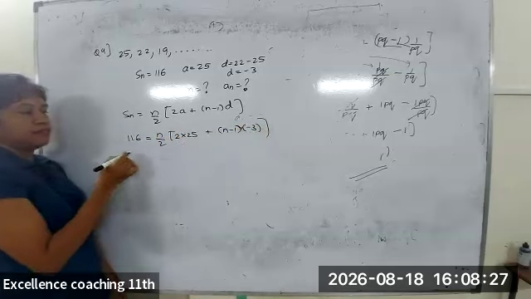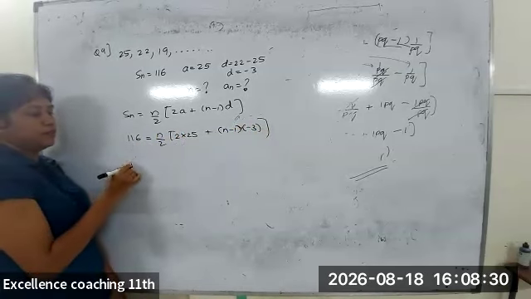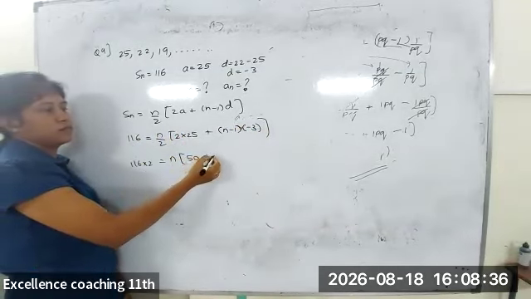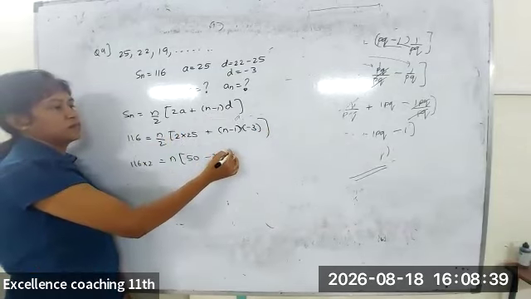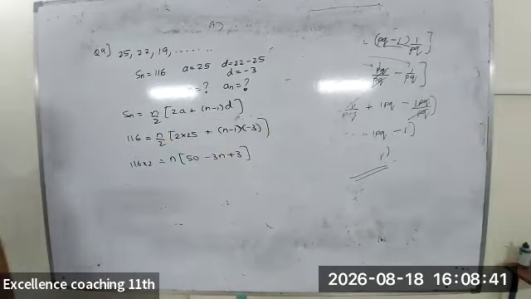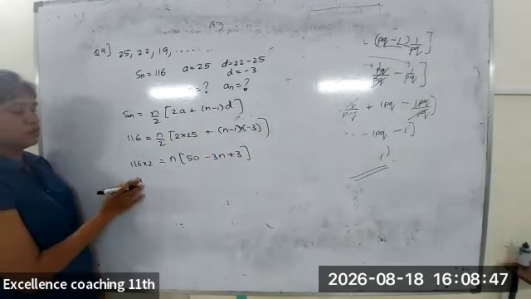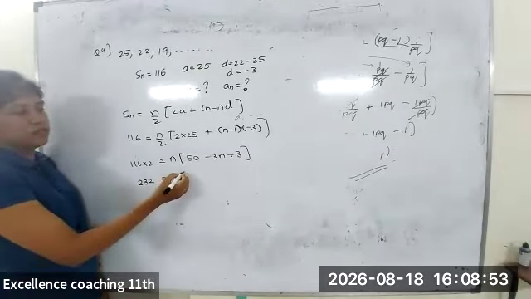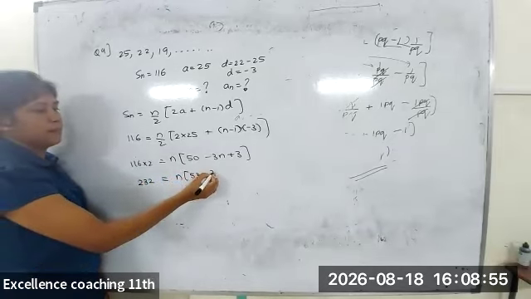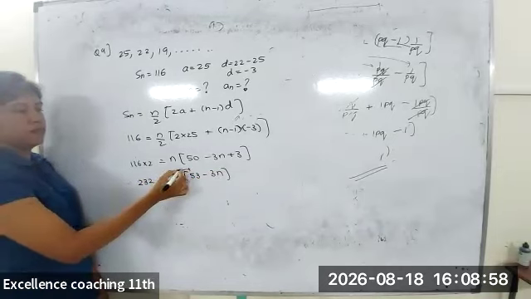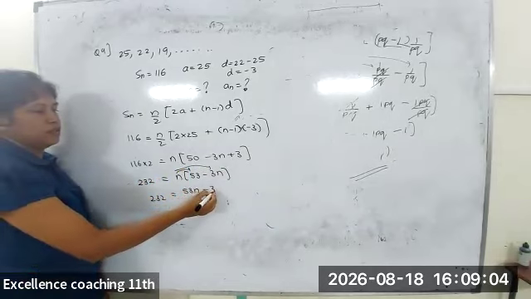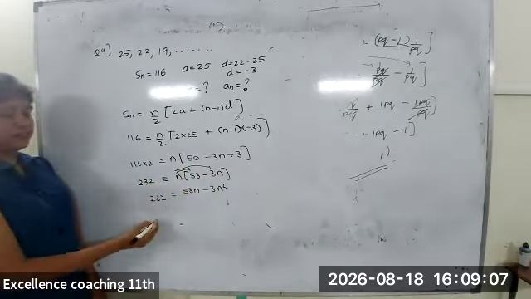Now minus 3 is. So first you multiply. Bring everything on one side.